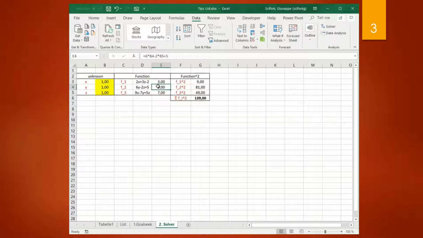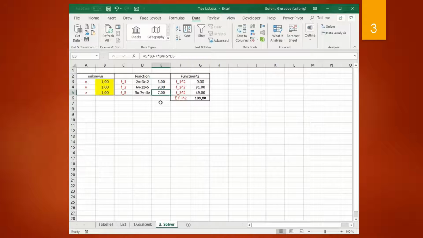For the function f2, 6 times y minus 2 times z plus 5. And for the function f3, 9 times x minus 7 times y plus 5 times z. On the right side we have the corresponding values, which of course are not 0 because the guess values are not the correct ones.